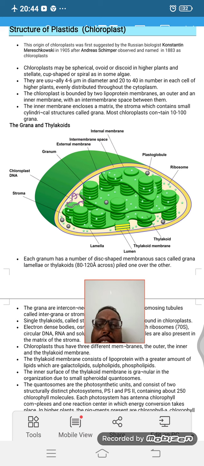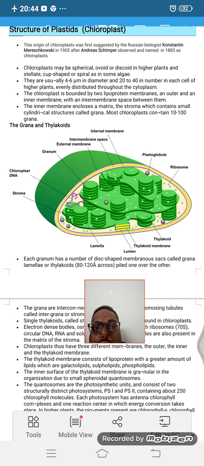Before entering into this, chloroplast is a cell organelle which has its own DNA apart from the nucleus, so it is autonomous in nature. That means chloroplast can synthesize some proteins useful for photosynthetic functions. So chloroplast is considered an autonomous cell organelle.